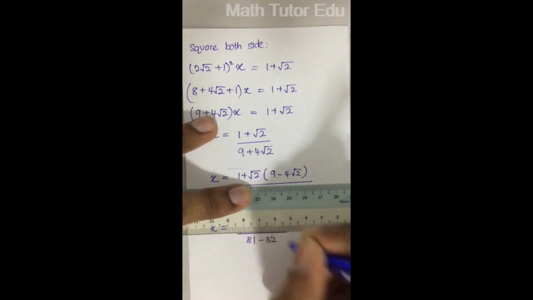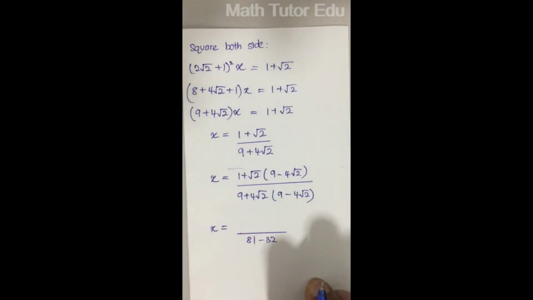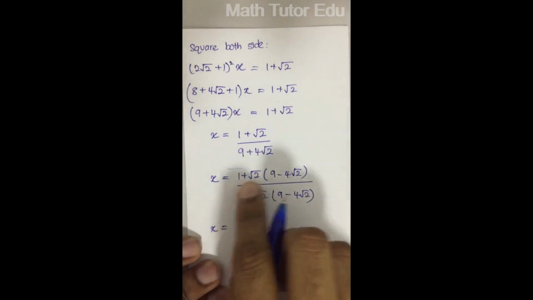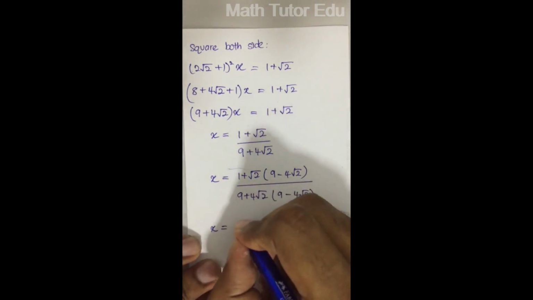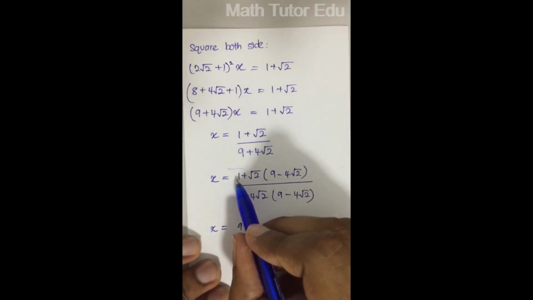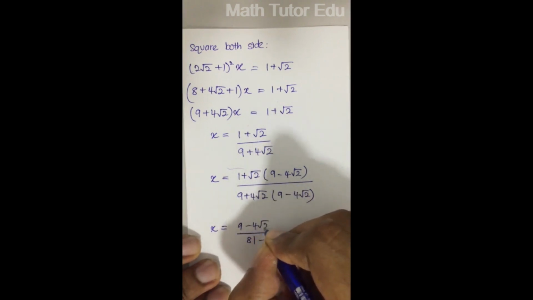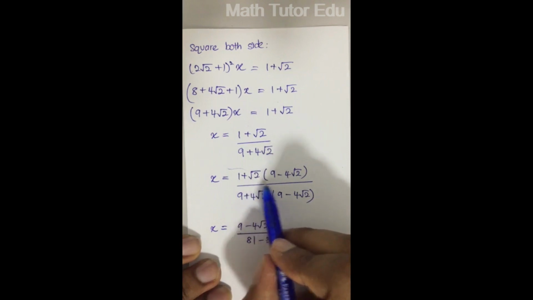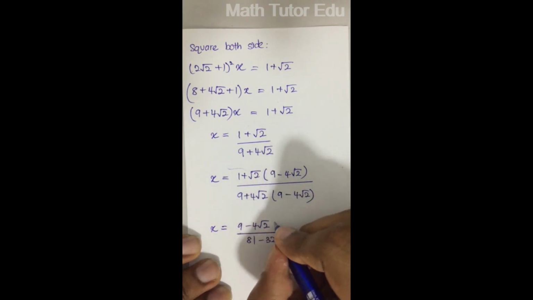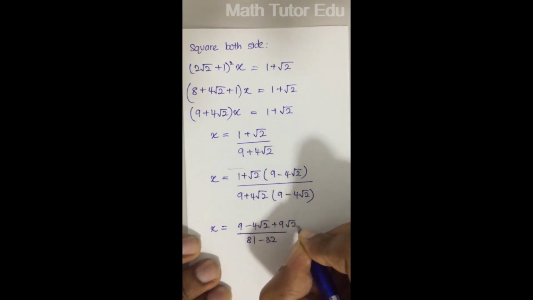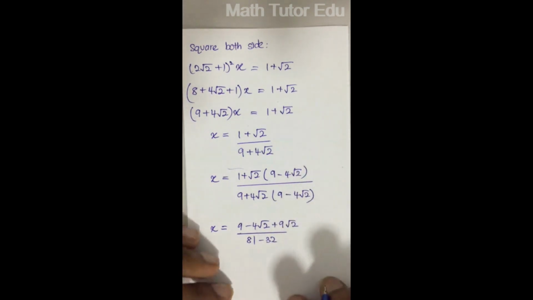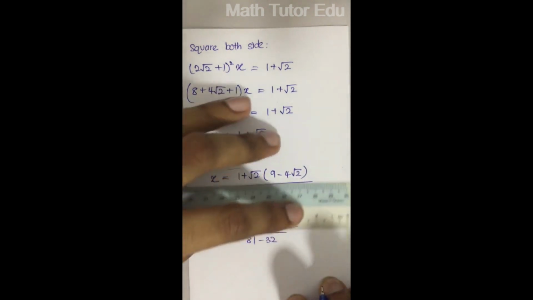Let us focus on the numerator. So 1 times 9 you get 9. 1 times negative 4 surd 2 you get negative 4 surd 2. Surd 2 times 9 you get 9 surd 2. Let me extend the fraction.